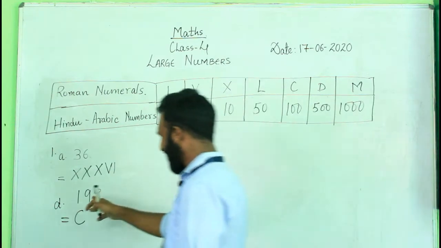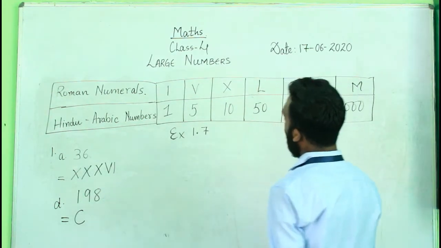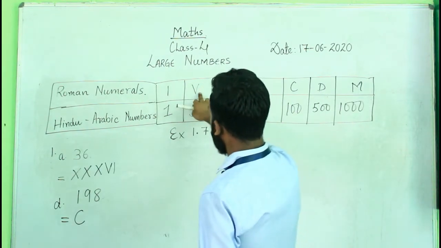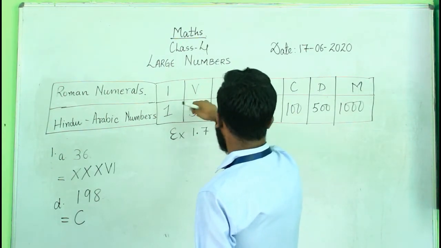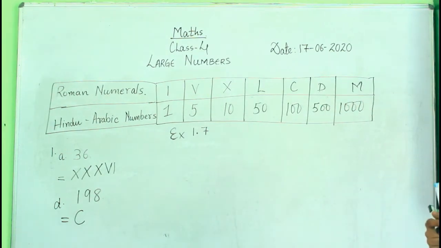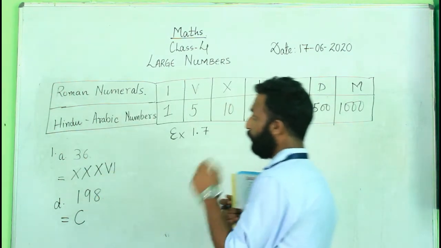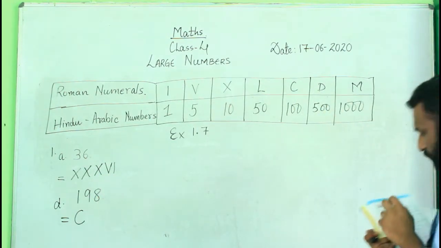Do we have 90? How can we write 90? We don't have it directly, so here we will use the subtraction rule.